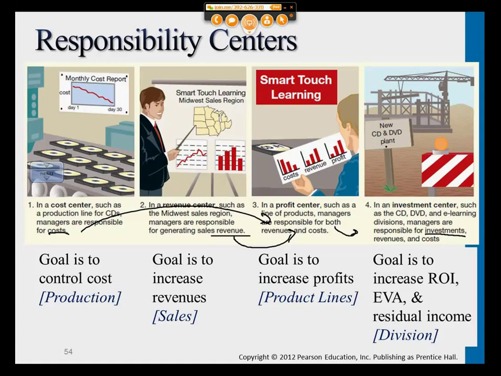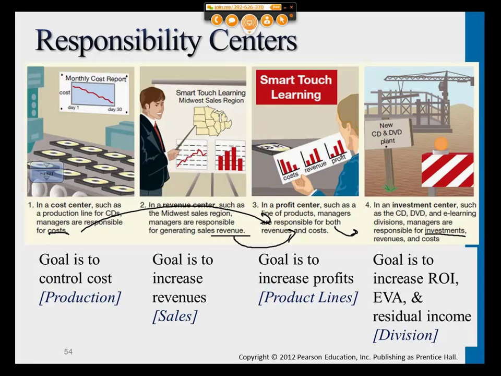For the third one, which is the profit center, given that the rest is all equal and everything is good with the production, the manager that I'm reviewing will likely get a better review if the actual profits exceed the budgeted, because my goal is to increase the profits, right?